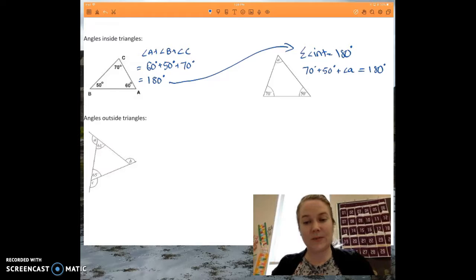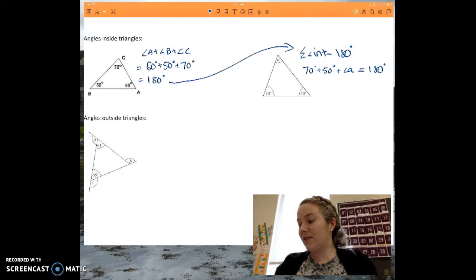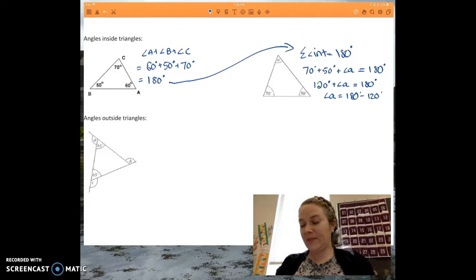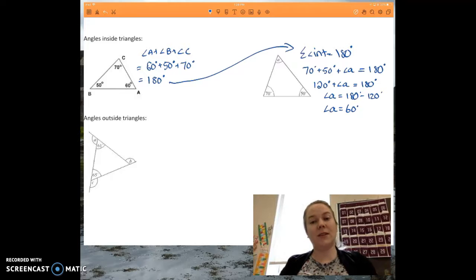Yes, we can use some very simple algebra to do that. So 70 plus 50 is 120 degrees plus angle A equals 180 degrees. So angle A has to equal 180 degrees minus 120 degrees. So angle A is 60 degrees. So now we've used the property we've discovered, that the interior angles of triangles equal 180 degrees, to find an unknown angle. As long as we know two angles, we can do that.